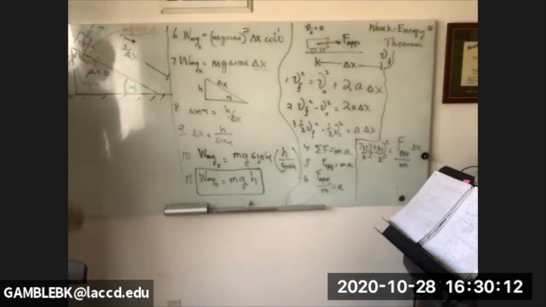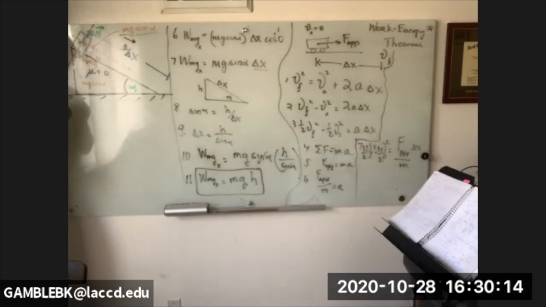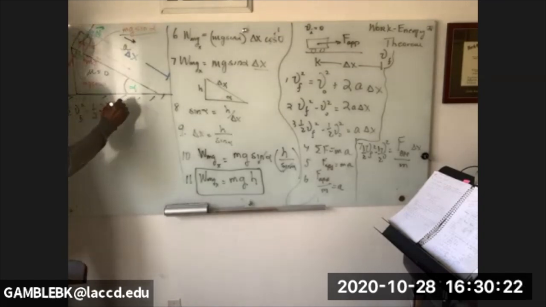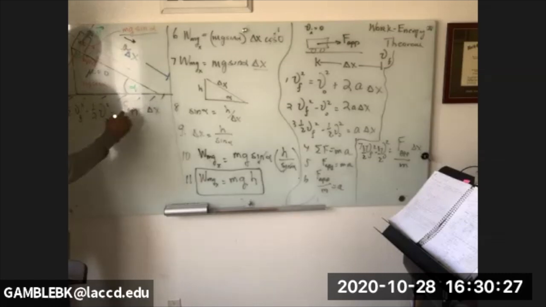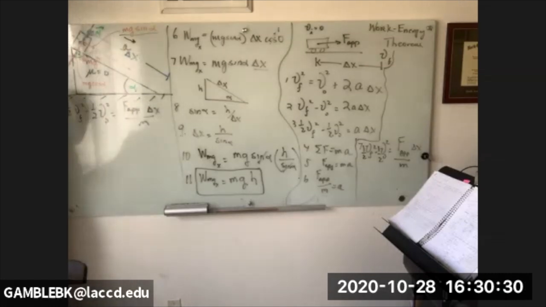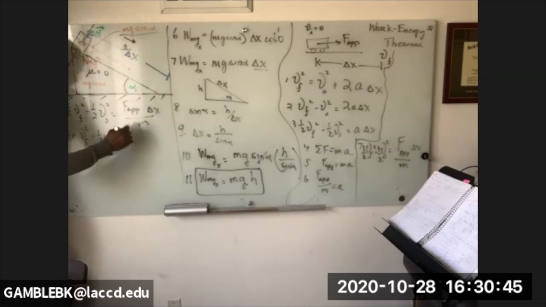It might be hard to see that, so let me rewrite equation 7. 1/2 v final squared minus 1/2 v initial squared equals F applied times delta x divided by mass. Now I'm going to multiply the mass through and distribute that. So 1/2 mass times velocity squared minus 1/2 mass times the initial velocity squared equals F applied times delta x.